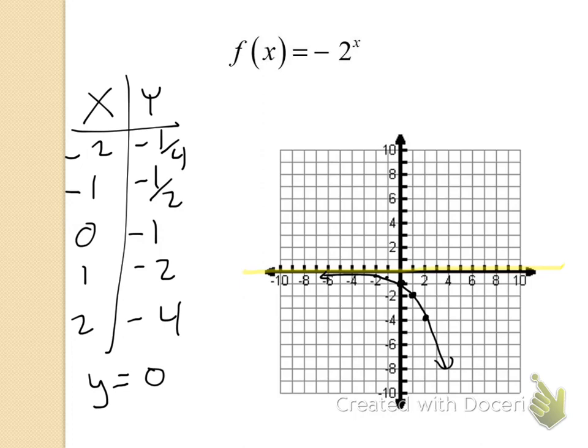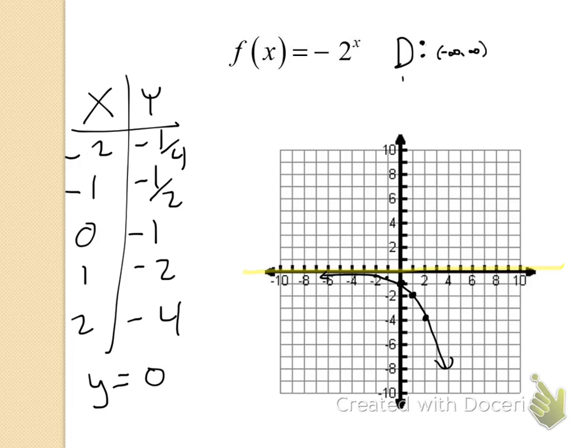Let me ask you real quick, what's my domain? So let's write it down one time. Our domain is negative infinity to infinity, since I have positive x values over here too.